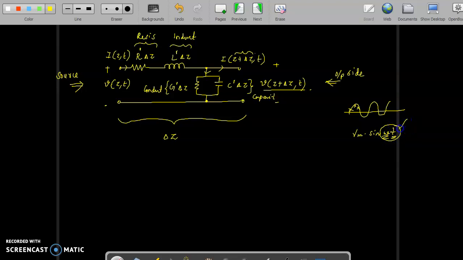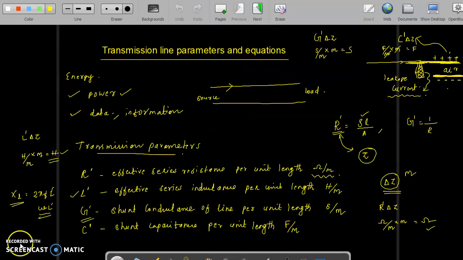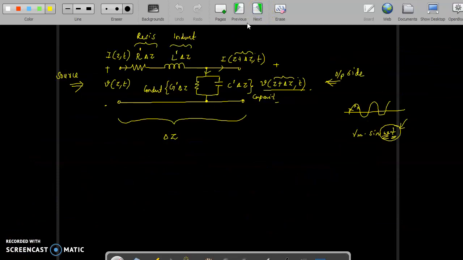The V is a function of time, and here V is also a function of the line segment. That is coming to the end of today's session. You can refer to this model and copy it to your notebook for further reference.